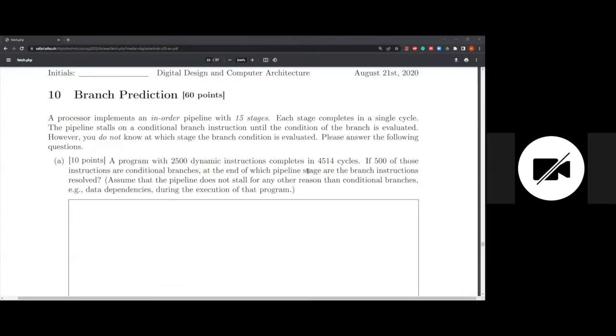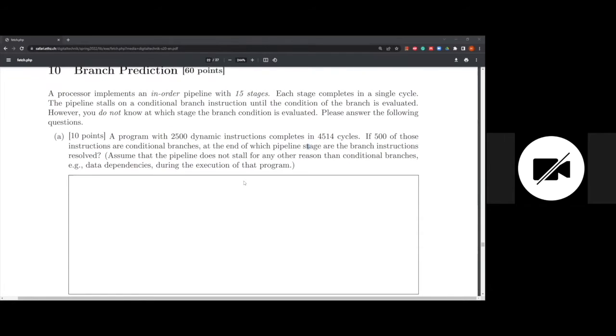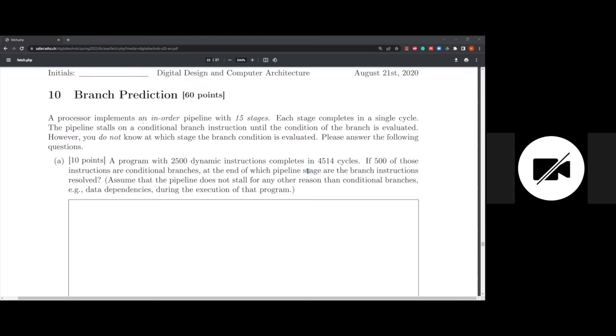Okay, so the next question is on branch prediction. I will very quickly read the question. Here we have a processor that implements an in-order pipeline with 15 stages. Each stage completes in a single cycle. The pipeline stalls on a conditional branch instruction until the condition is evaluated, but we don't know at which stage the branch condition is evaluated.